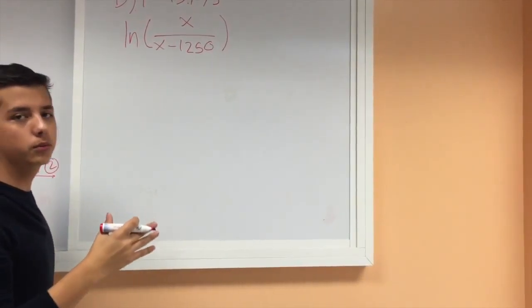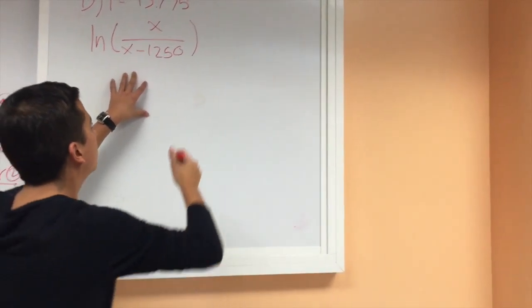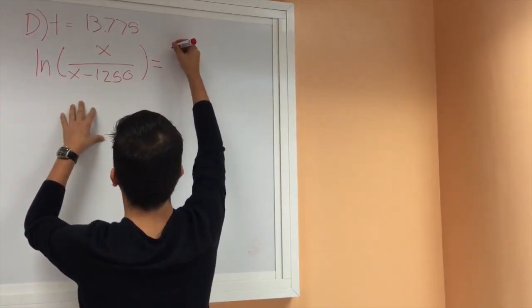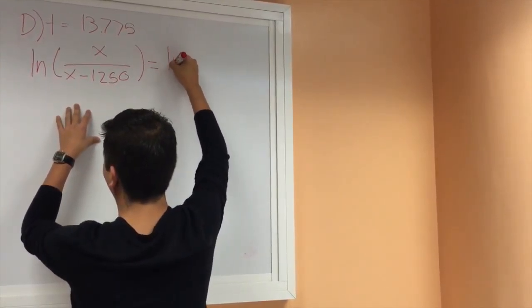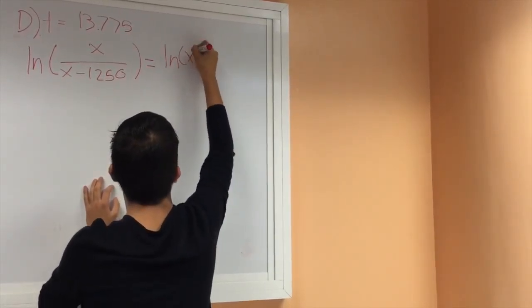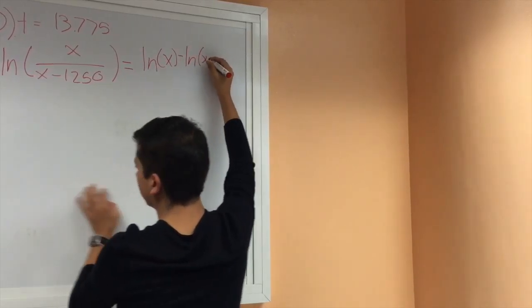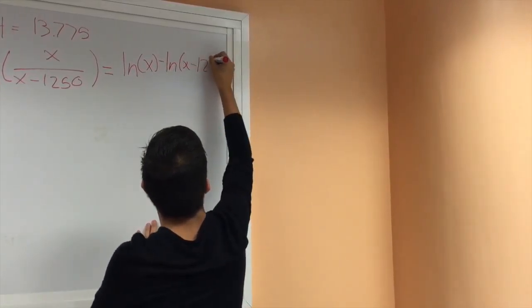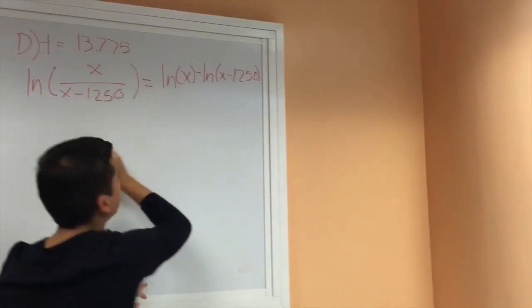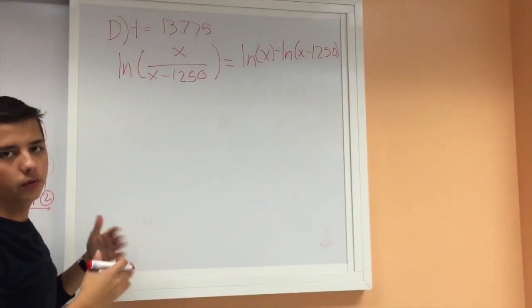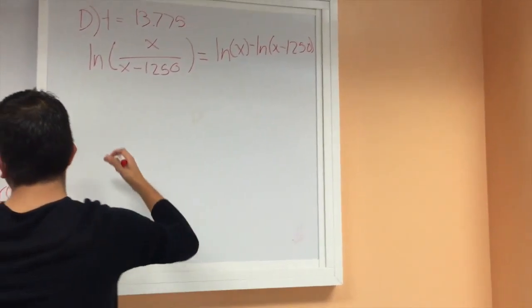Now we are going to put this formula in an easier way, which is ln x minus ln of x minus 250, which is the same but in a different way, so we can do the product.